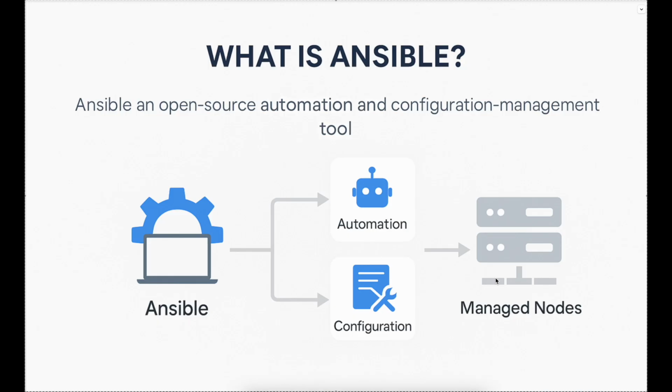The best part? It's agentless. You don't have to install anything on your servers. It connects using SSH for Linux or WinRM for Windows and safely executes your instructions. Let's see how it actually works behind the scenes.